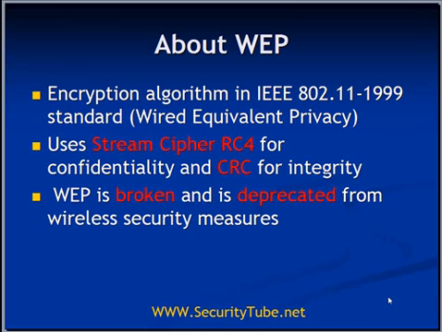WEP is currently completely broken and it is deprecated from wireless security measures, but still there are lots of devices in the field which support only WEP as an encryption algorithm. If you go around on hotspots or airports or coffee shops, you will find lots of APs which are supporting WEP. Even though it is completely broken, lots of people still use WEP.